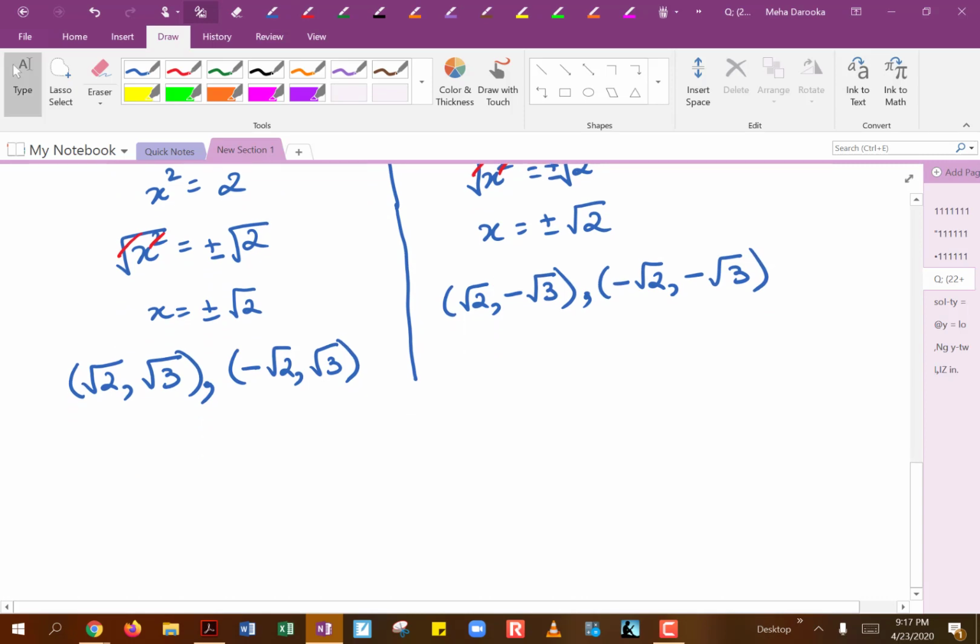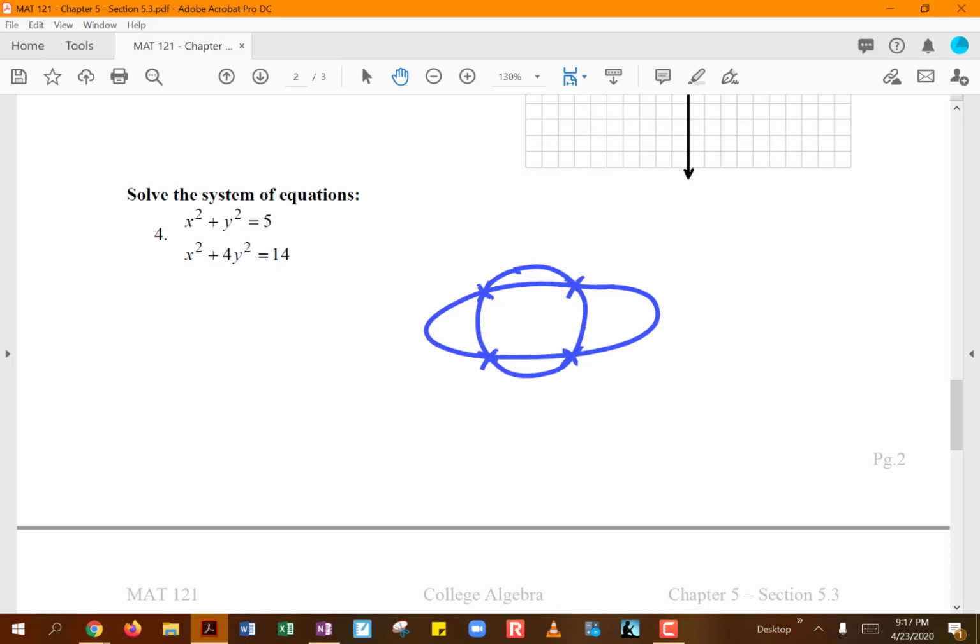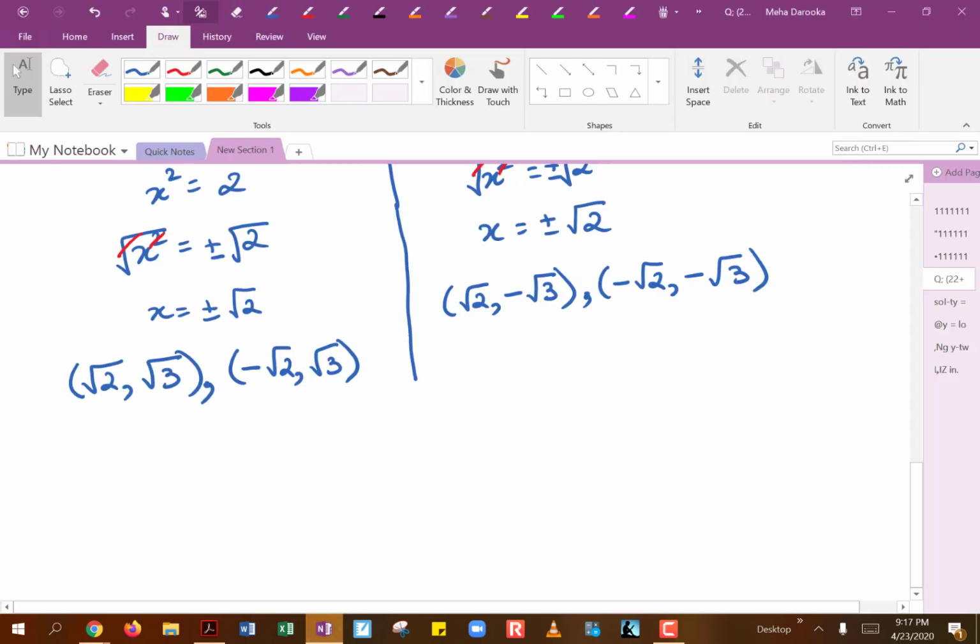So basically, all four of these are, like I said, the 4 points where these two graphs would intersect. So these are going to be part of our solution set over here. Basically what you have is positive and negatives of square root of 2 and square root of 3.